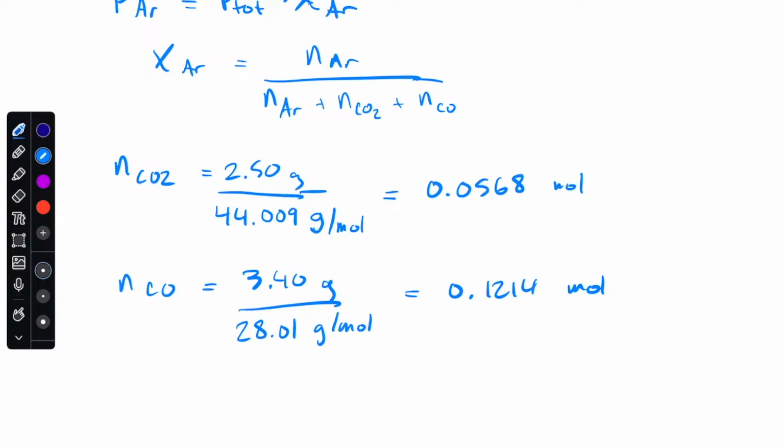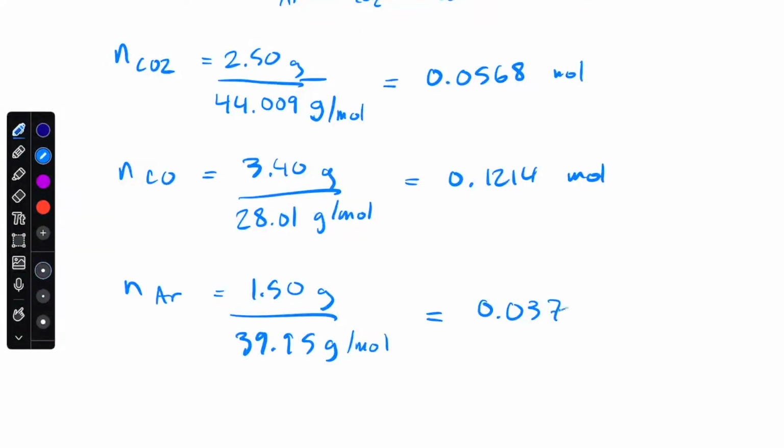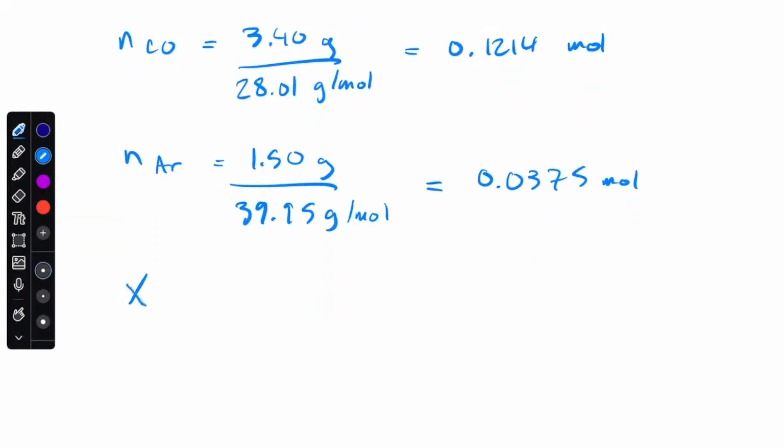Finally, we have argon, and that is 1.50 grams, divided by 39.95 grams per mole, 0.0375 moles. Great. So let's solve for our mole fraction of argon.